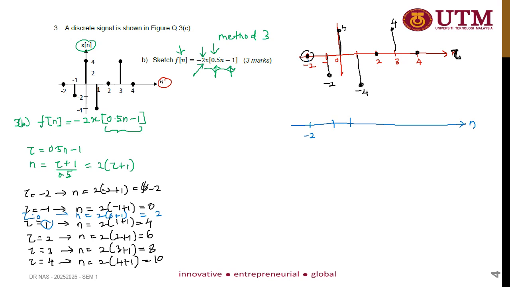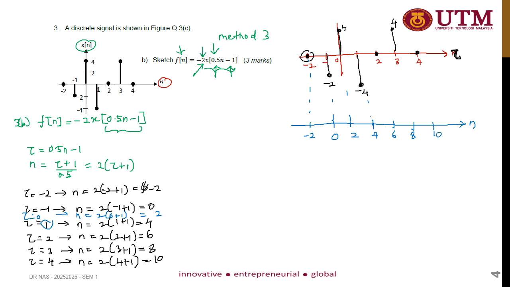Minus 2, and then 0, and then 2. When it is 1, it is 4. Look at this, I try to align them accordingly in the same arrangement. When 2, it is 6, and 3 is 8, and 4 is 10.